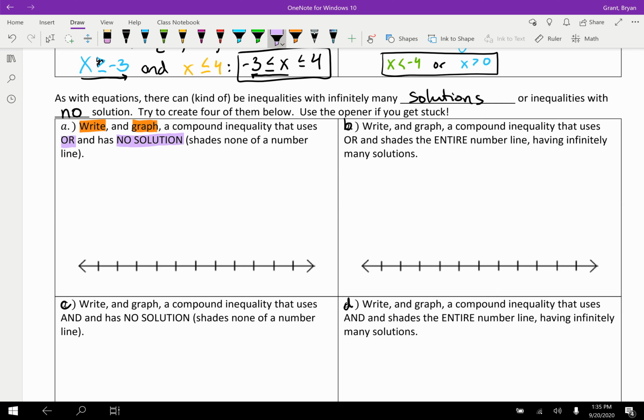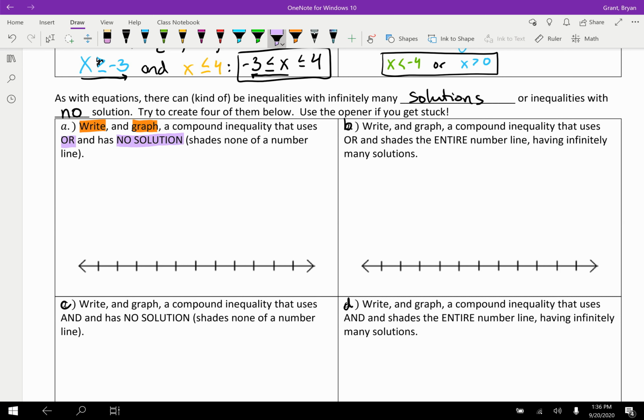And then B asks you to write one that says or and shades the entire number line. And then C and D both ask you to do the same thing, but with and. So let's see what you guys can come up with. And then once you've tried all 4, you might not be able to figure out one for all 4 of them. We can come back together.